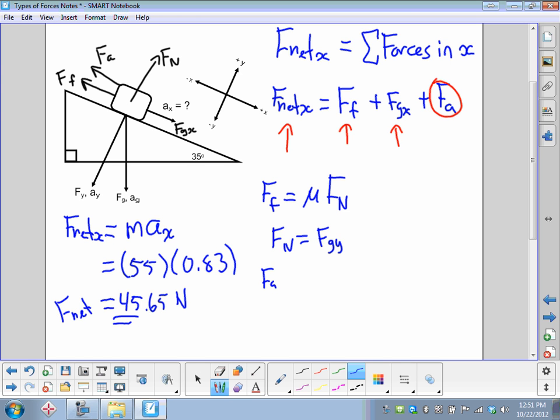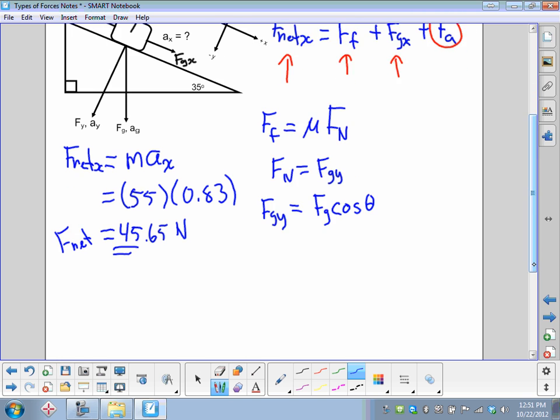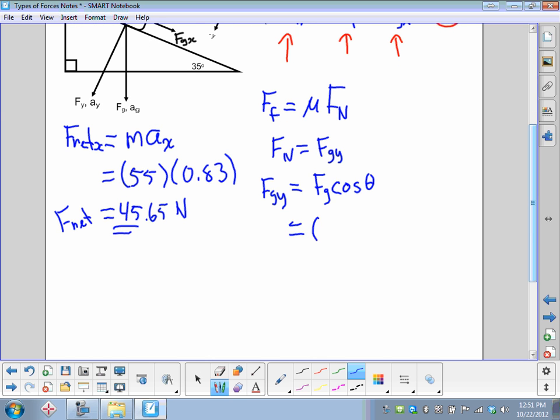So FGY equals the magnitude of force of gravity times, in this case, cosine of the angle, cosine 35. And I'll write that in next. Force of gravity is mass times 9.81, so 55 times 9.81. But then, because there's an angle here, it's cosine 35.